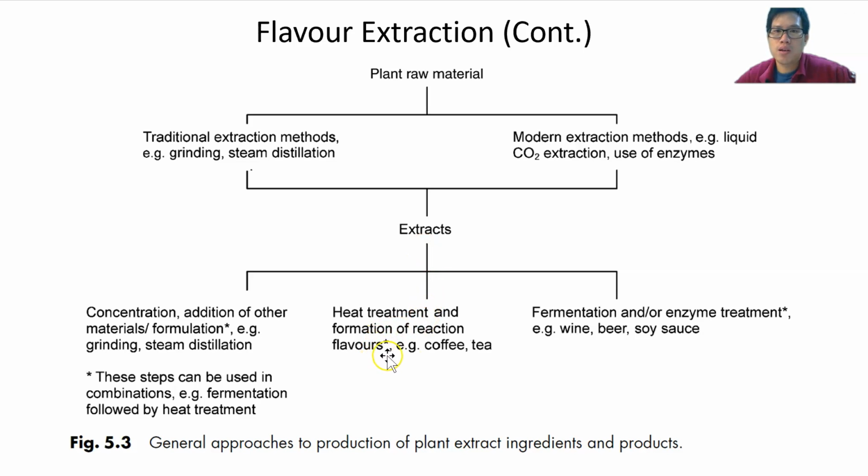Or the extract can be added into, for example, meat, and then it undergoes fermentation and can generate more flavor. So that is what we have mentioned before, flavor generation, which means that you have a certain precursor, and if it undergoes heat treatment or is given enough time to react, it gives you more flavor components.